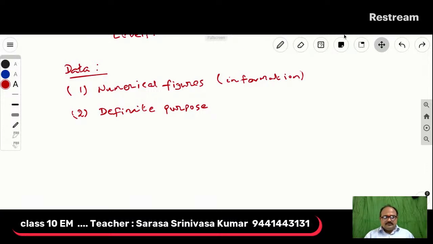A study dealing with the collection, presentation, interpretation, and analysis of the data is called statistics. So now we note down the definition.